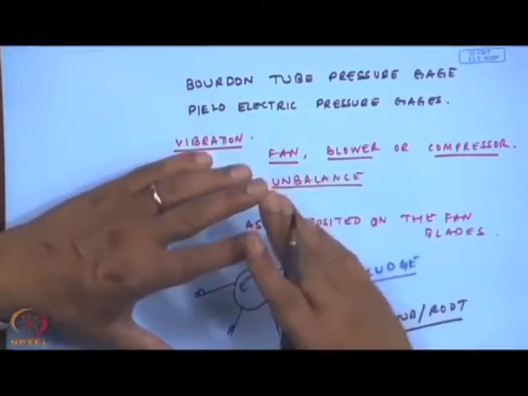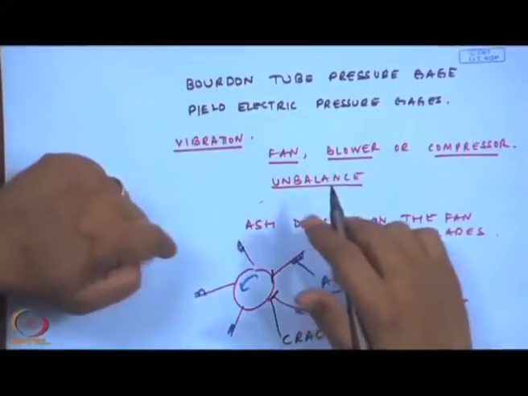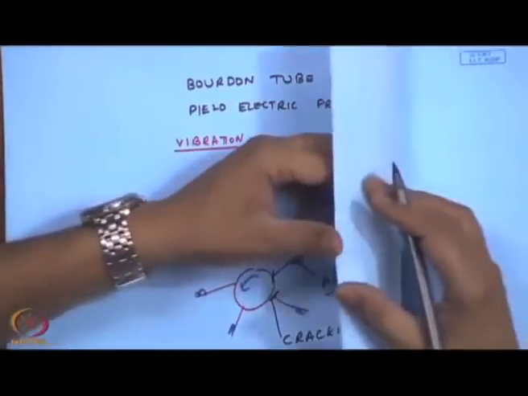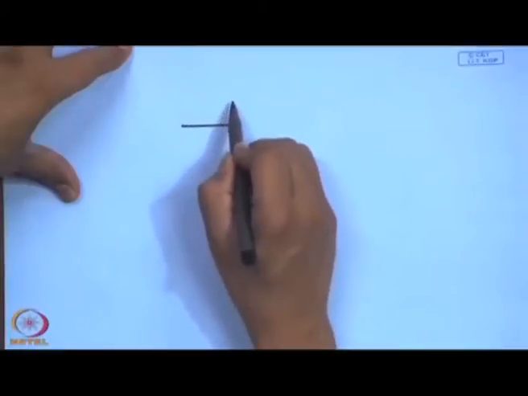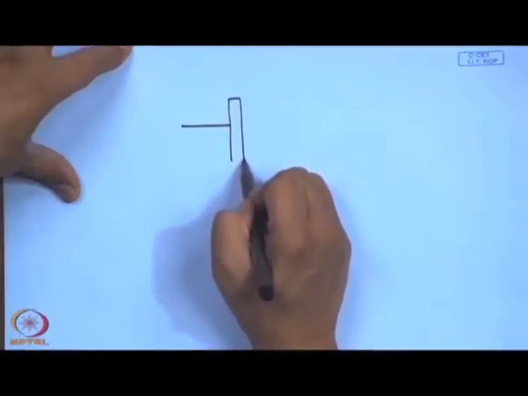And mind you, if all of this goes unnoticed, it will eventually affect the bearings, because these sets of impellers can be either overhung or they could be supported in the center.